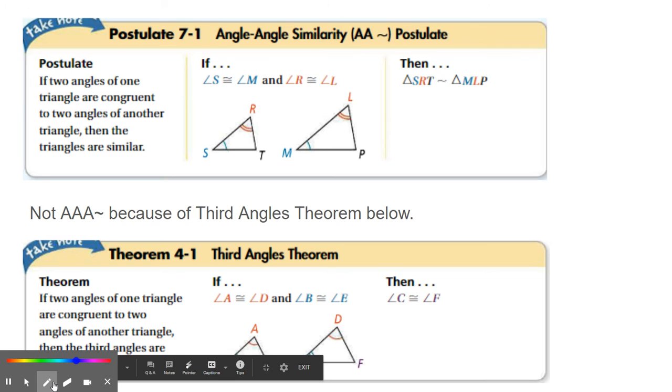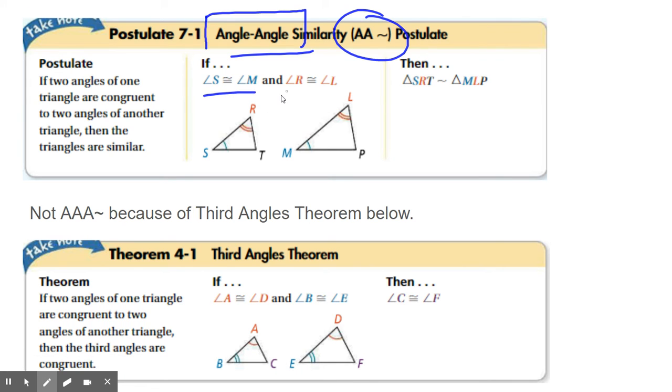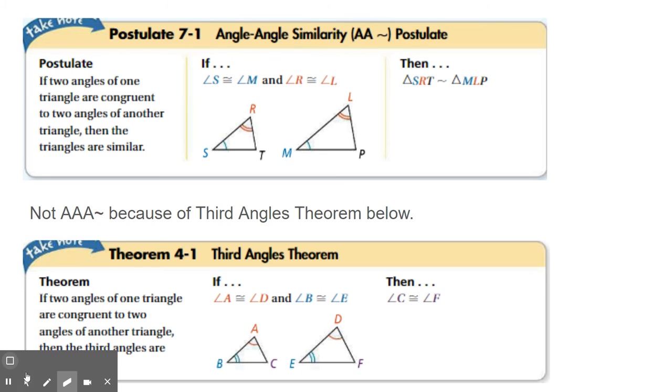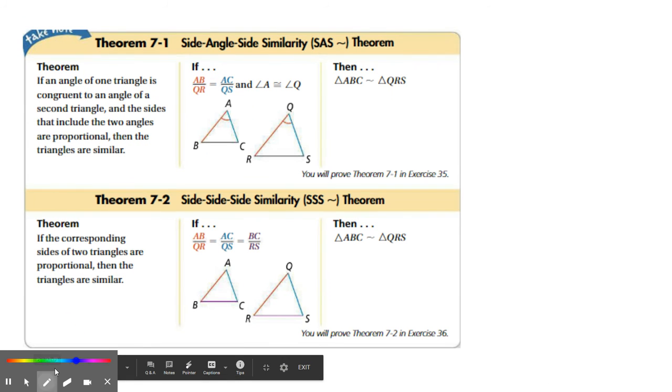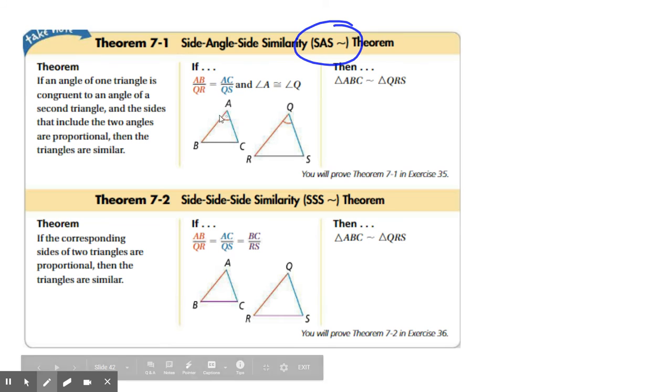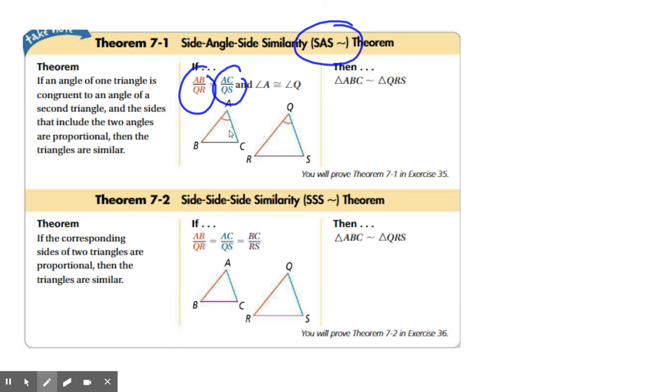There are three ways to prove triangles similar. Angle similarity. So you need two angles congruent. If you have two angles congruent, then the triangles are similar. You can also do side angle side, which is you have two pairs of sides proportional. So AB and QR, their ratio is the same as AC and QS, and then the angles in between are congruent.